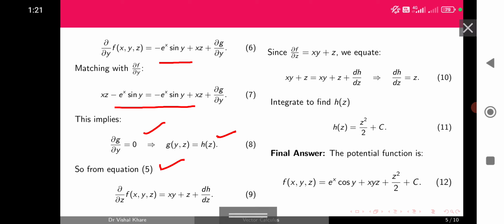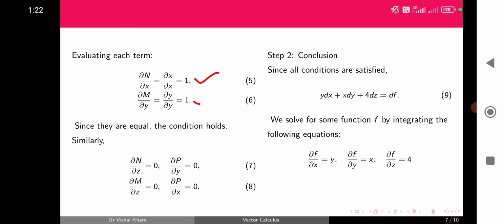So the first condition is this: ∂N/∂x is equal to ∂M/∂y, ∂N/∂z is equal to ∂P/∂y, and ∂M/∂z is equal to ∂P/∂x. Evaluating this, you can see these two are equal. Similarly, these two are also equal and these two are also equal.